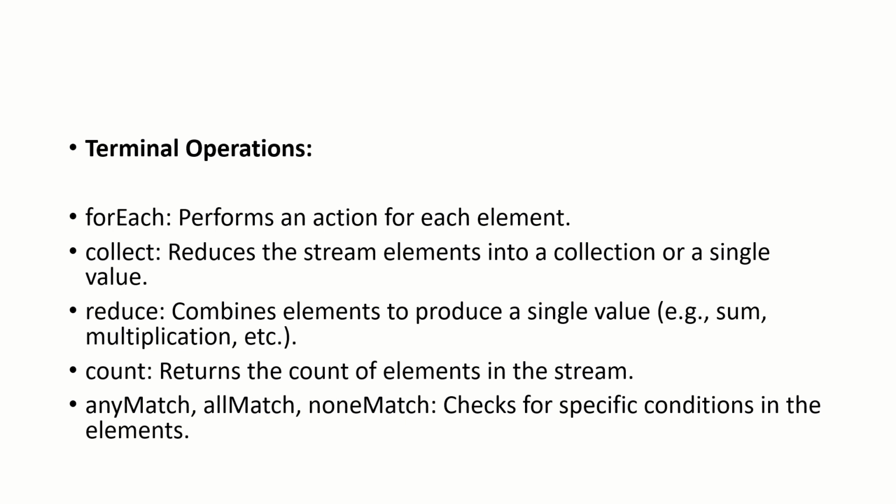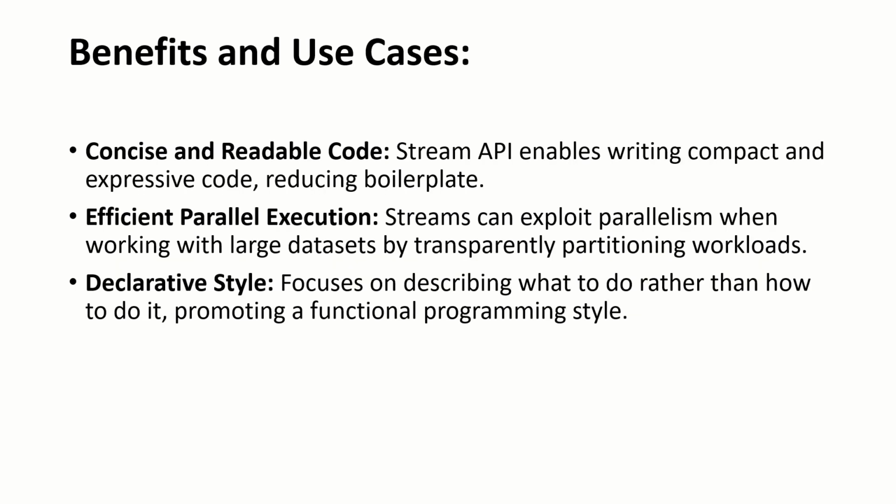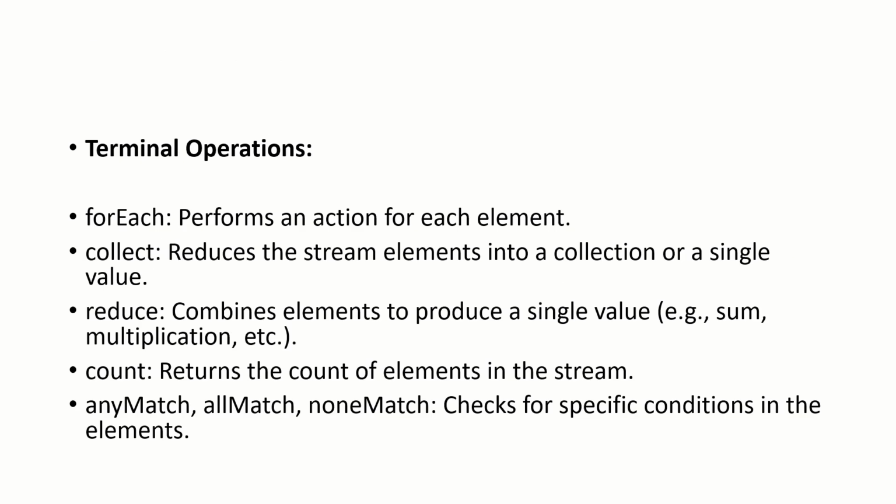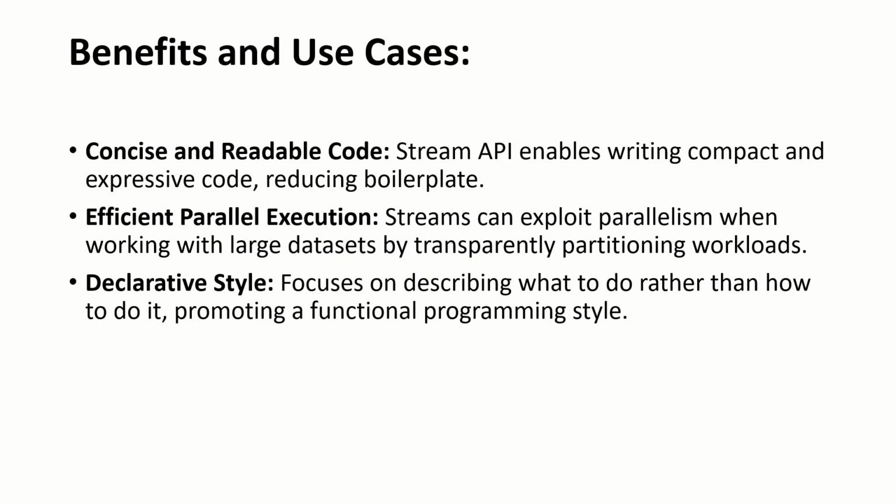Similarly, if you want to reduce, you can call reduce and count, and there are others as well. So these are the terminal operations that you can apply after the intermediate operations. Now this is about the stream, how you can create a stream and how you can work on the stream pipeline.